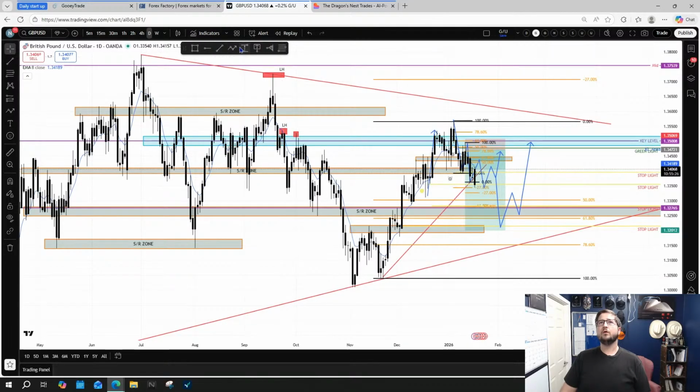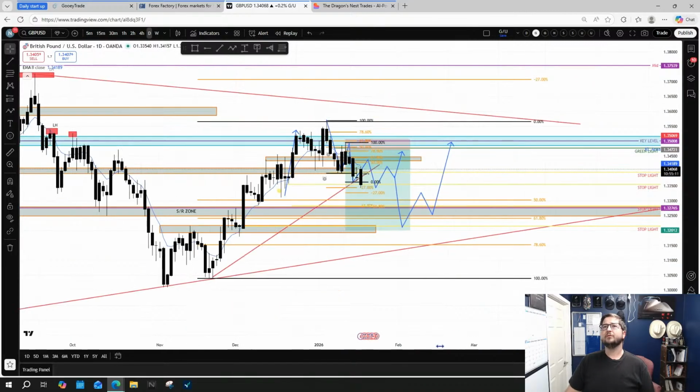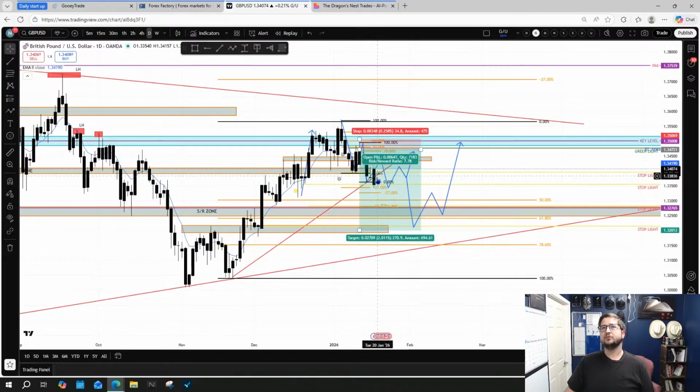So with this Fibonacci here, A, B, we had a pullback to the 78%, and now we're starting to continue back in the downwards direction. As of this moment, we have this nice pullback zone. We're currently heading down, should I say, and we're currently pulling back to the upside. Possibility of a continuation to the downside.